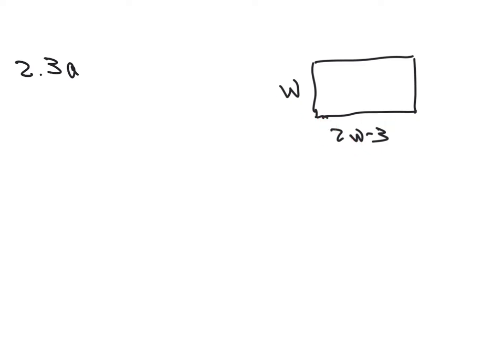Okay, so that's some of the hardest parts. The perimeter is 45 inches. So we know that P equals 45. And there is a formula for the perimeter of a rectangle, and it's 2 times the length plus 2 times the width.